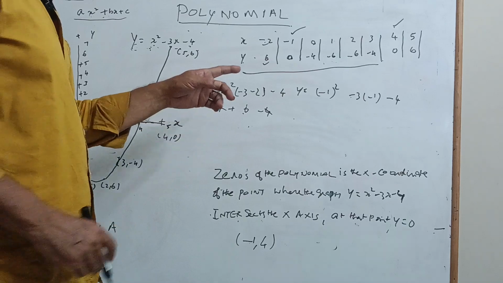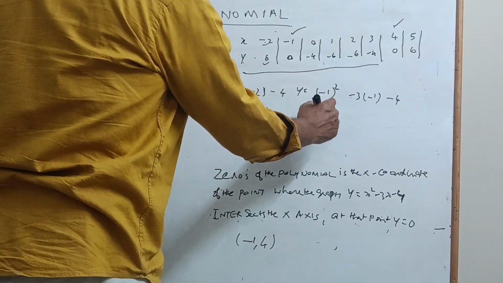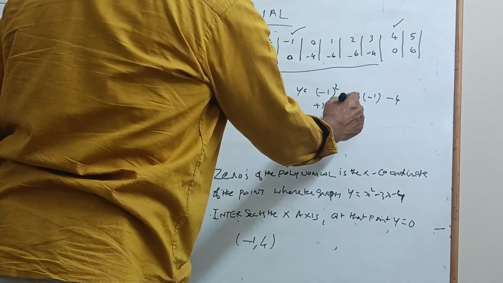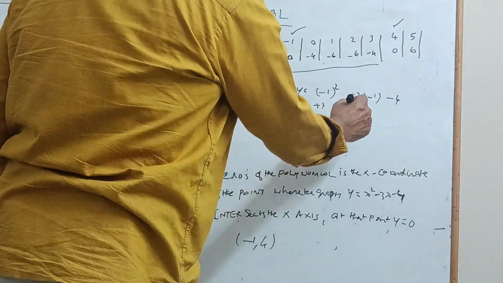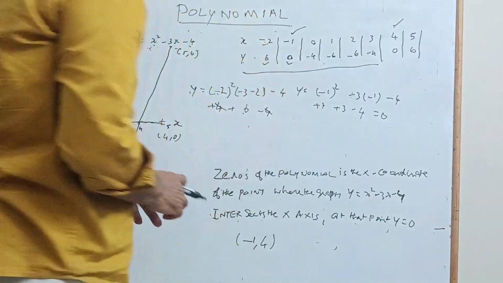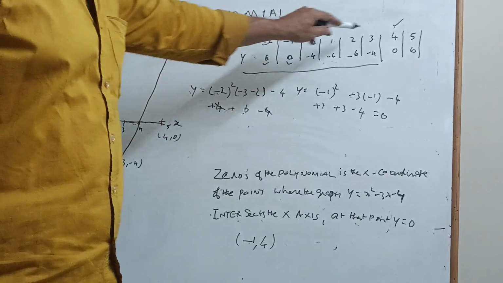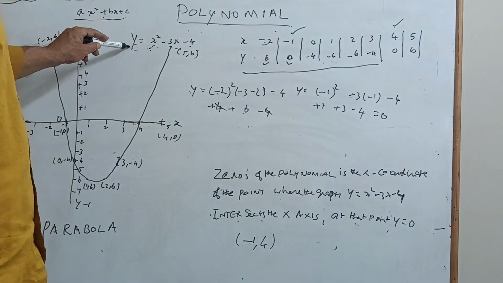So last class also I told minus into minus becomes plus. So this becomes plus 1. Again minus 3 into minus 1 becomes plus 3. Then minus 4. So 1 plus 3 is 4, minus 4 is equal to 0. So the y value is 0. So like that you can check all the values. I need not go on everything. Assign the value in the equation and get the y value.